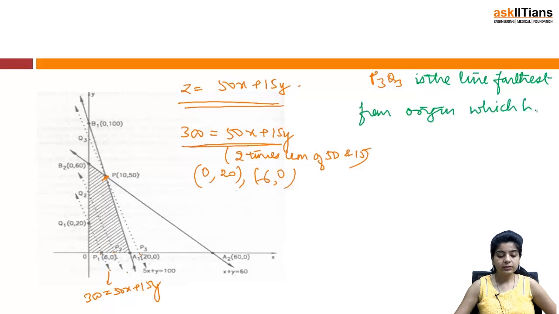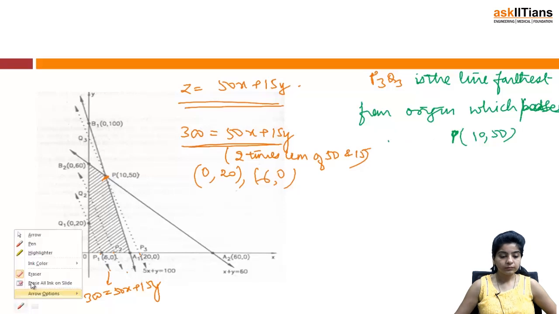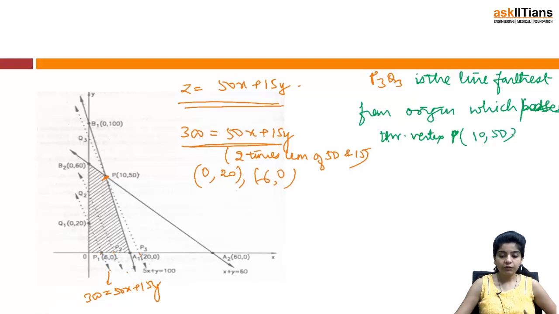which has the vertex P, that is 10, 50, which passes through vertex P. That is, the coordinates of vertex P are 10, 50 of the convex polygon.